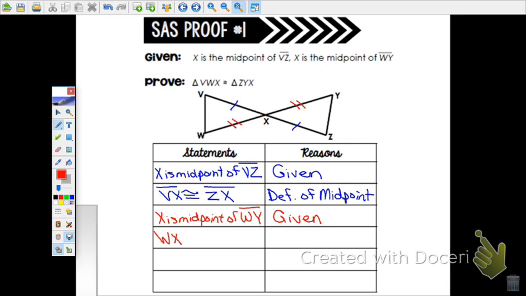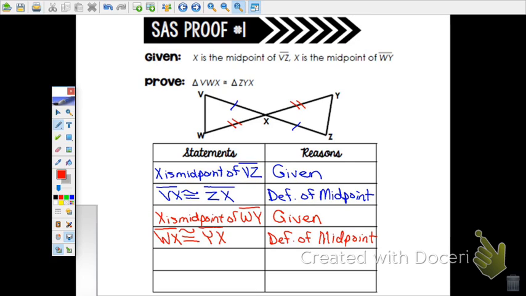So WX is congruent to YX, and that again is definition of midpoint. So I used my given and what that given led me to.